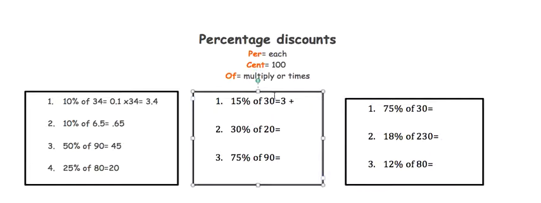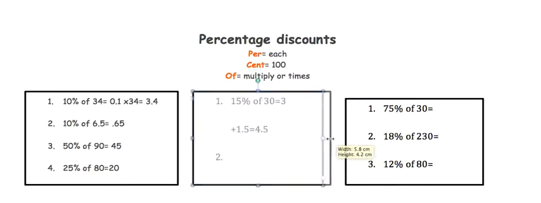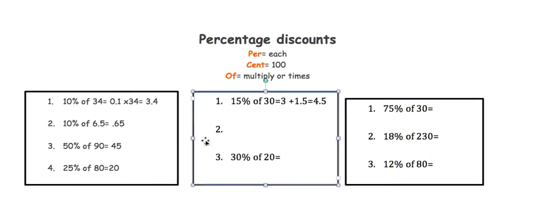So if 3 is 10%, then 5% is 1.5. So together it is 4.5. Okay.